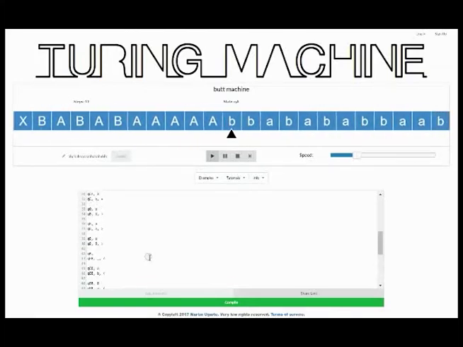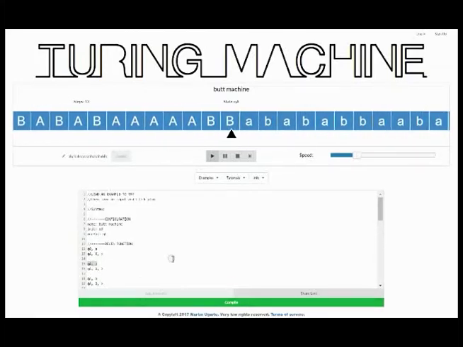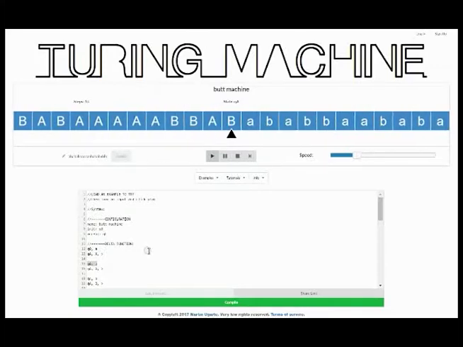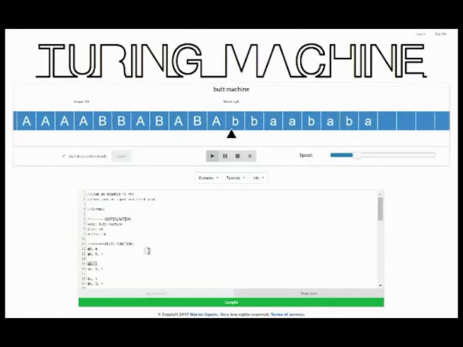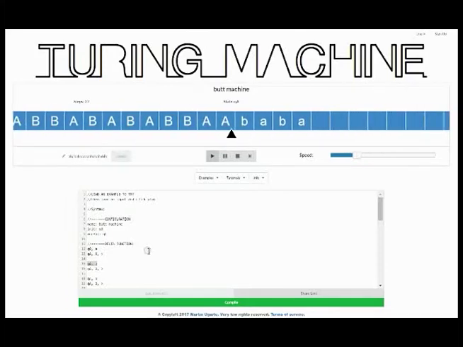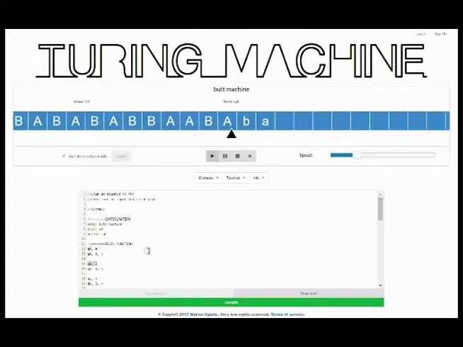State QA and QB are the states that would replace the other inputs from small letters to big letters.